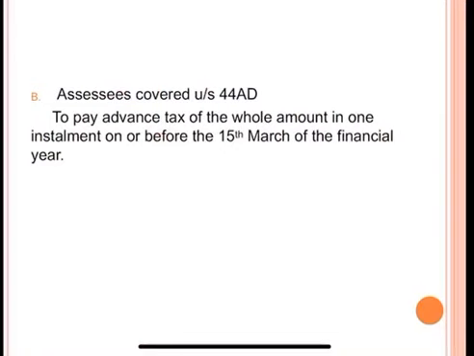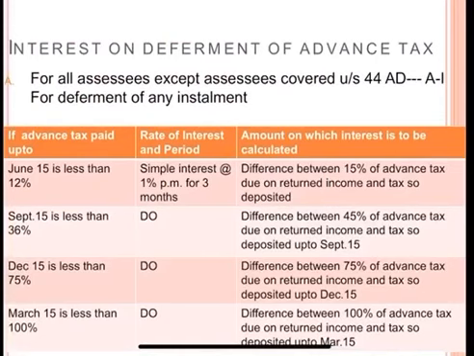Next is interest on deferment of advance tax. So the first point is for all assessees except the assessees covered under section 44AD. First is for deferment of an installment. Deferment means shortfall of an installment, the installment is less. As we have earlier read, the first installment is June 15.